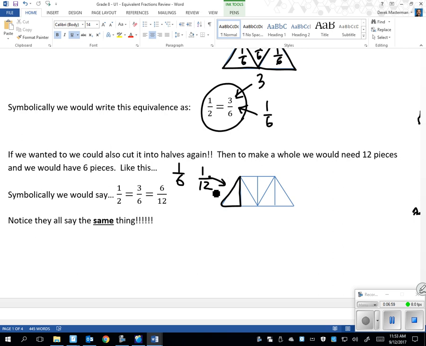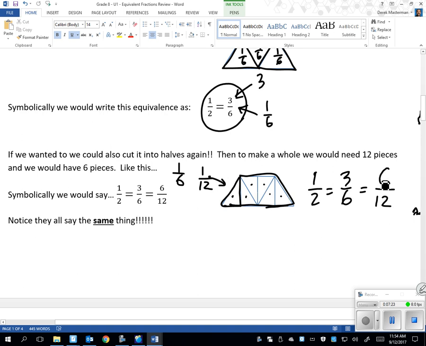Now, if I took a half, or I took the 3/6 and I cut all of those into 2 pieces, into 12ths, how many 12ths do I have? 1, 2, 3, 4, 5, 6.